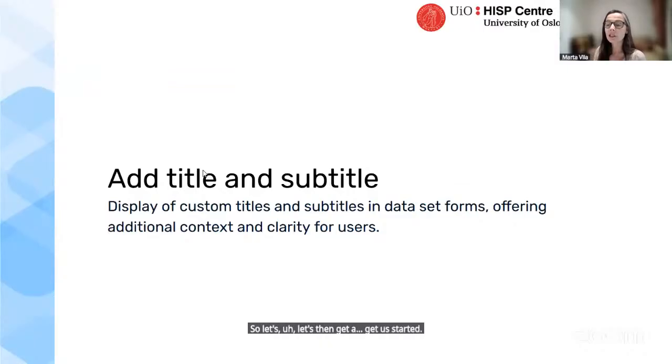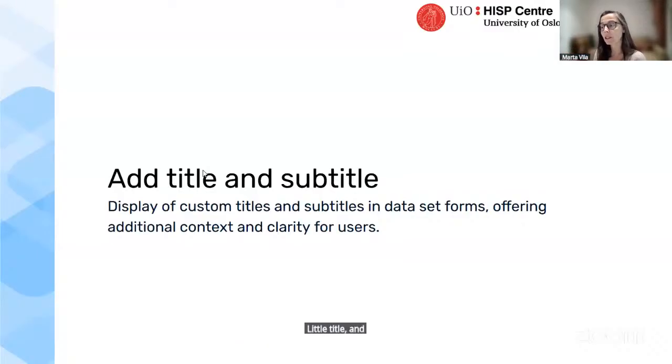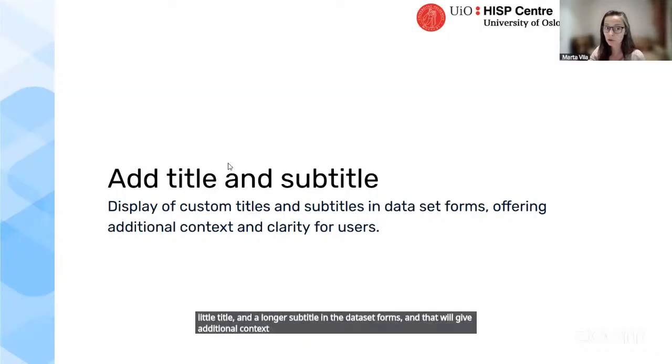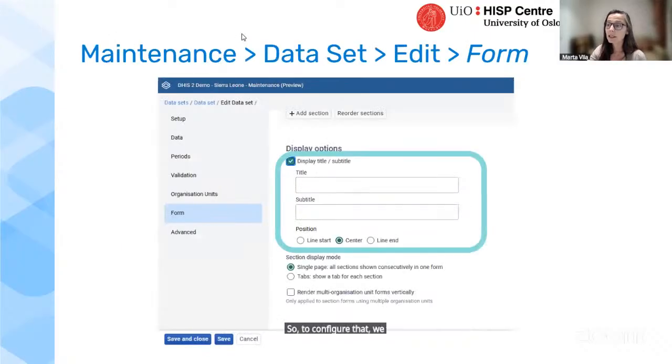The first functionality that we are going to explain is how to add a title and a subtitle. By doing this, we will display a custom little title and a longer subtitle in the dataset forms, and that will give additional context to the user, even instructions if you want. So to configure that, we have to go to maintenance, dataset, edit, and then go to the forms.